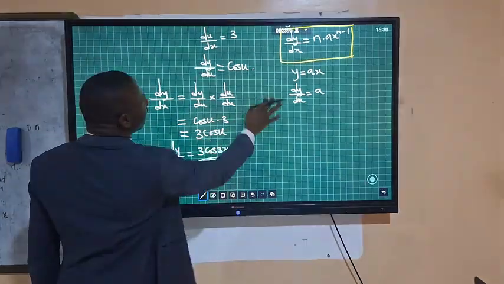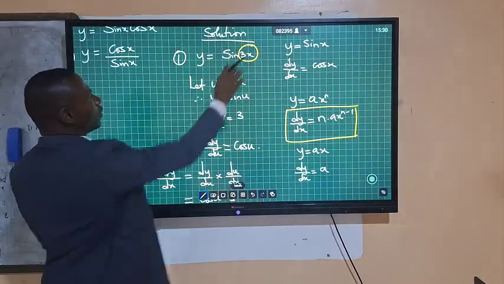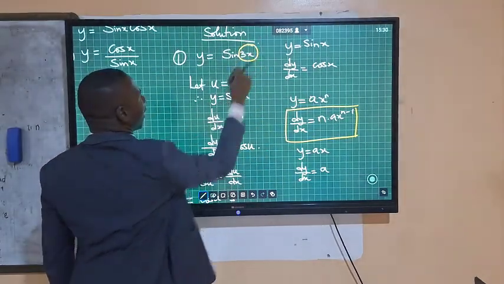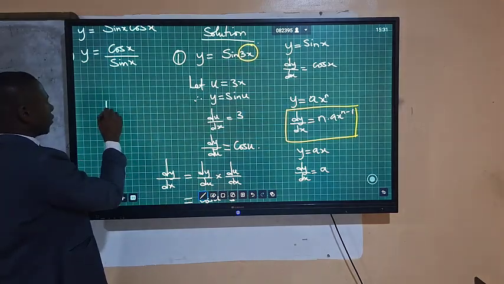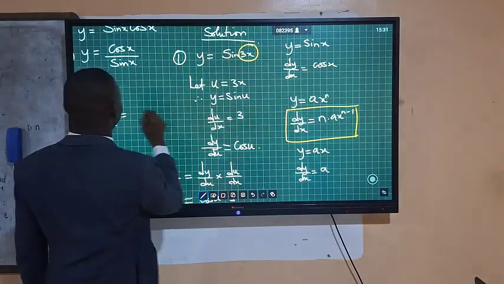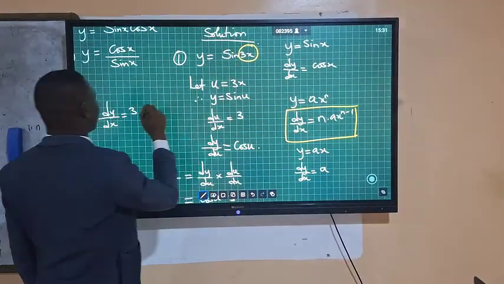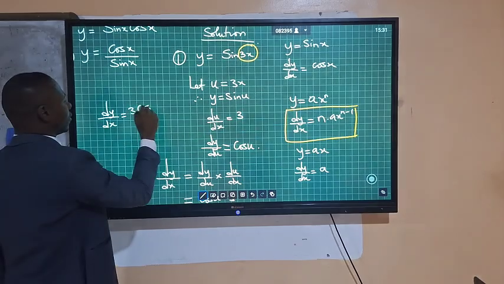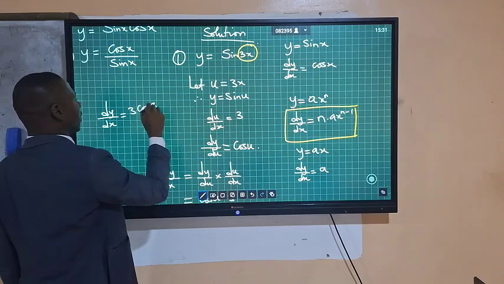So the simple shortcut of it is just differentiate the function you have here. If we differentiate 3x, that's the shortcut now. If you differentiate 3x, you have 3. Differentiate sine, you have cos and put whatever thing you have there.